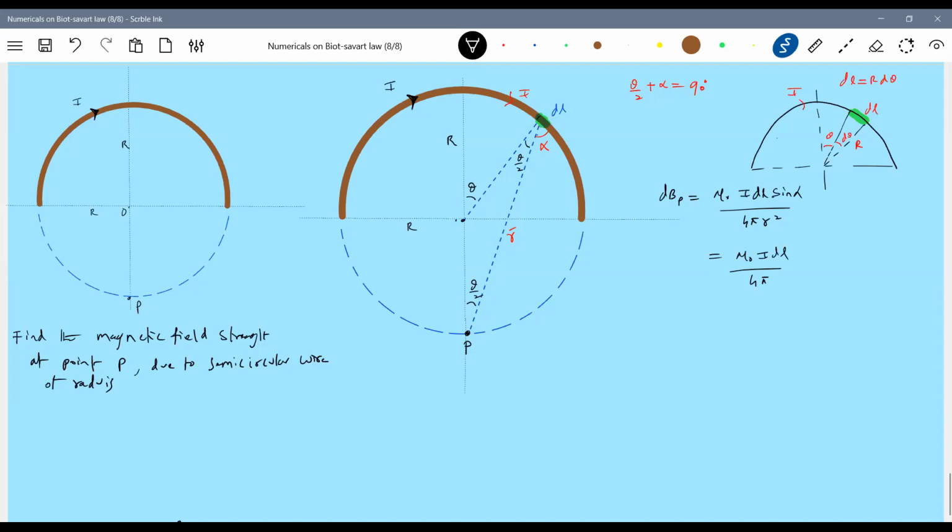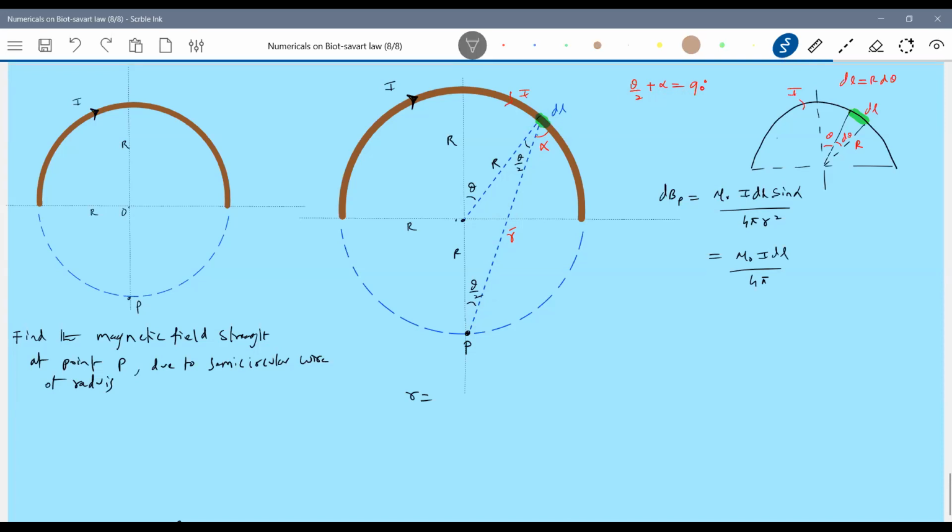So I'll replace alpha. Now what to replace with? I think you have a triangle. Anybody, the value of r? What shall I write for small r?